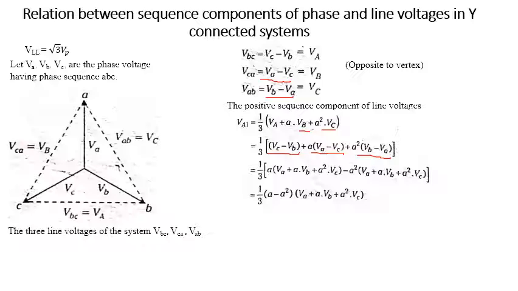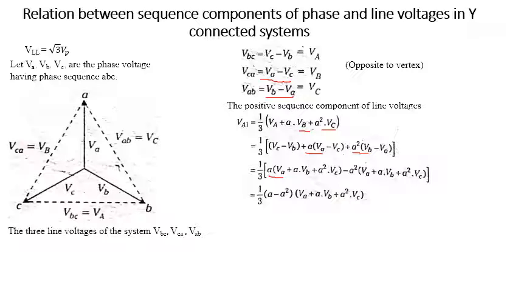Then do a simplification. Here we have taken A, so this is the A into VA, this term is over. The next we need to find is VB. Where is VB?